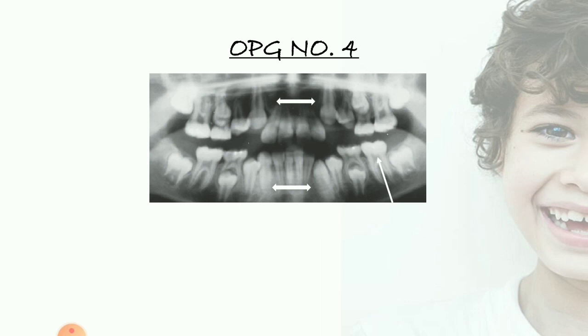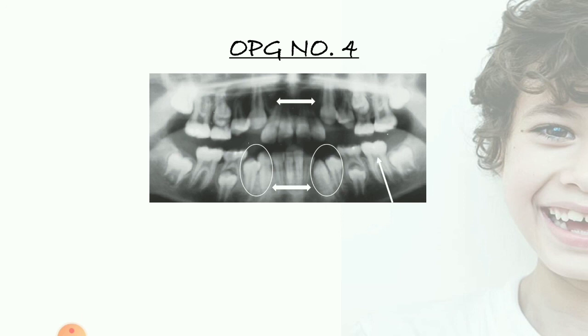Now we can see that the mandibular canine and mandibular first premolars have almost erupted into the oral cavity. Similarly, on this side also we can see that the mandibular canine and mandibular first premolars are very close to their eruption into the oral cavity, but they haven't fully erupted, which we usually see at the age of 11 years.